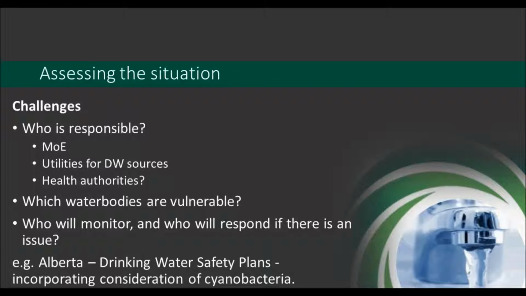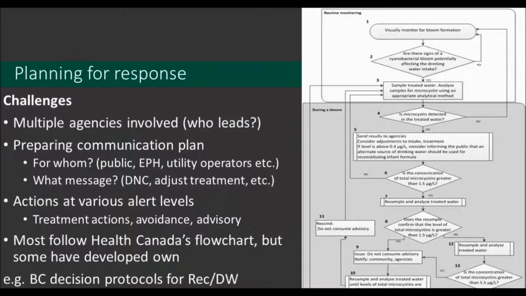If we look at Alberta, they're incorporating cyanobacteria now into their drinking water safety plans, which is a partnership between Alberta Environment, Alberta Health Services, and the utility operators. Of about 135 water bodies affected by cyanotoxins in Alberta, about 21 of those are drinking water sources, which they've identified now. So now you know where your vulnerable supplies are, you can take further actions.